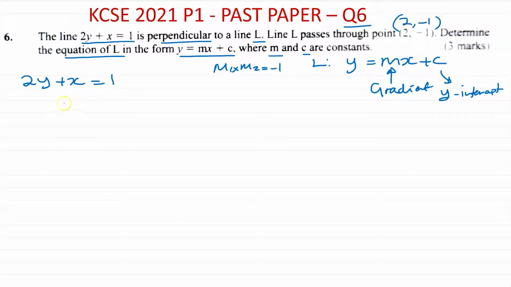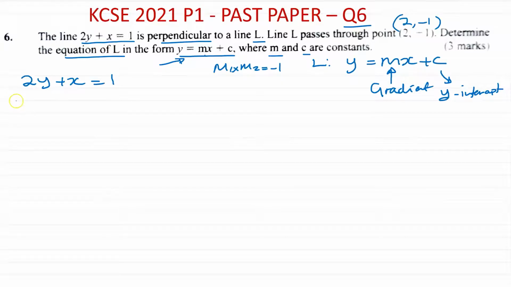Why don't we write it in the form y equals mx plus c? Because then we know what m is, and we know the gradient for that line. We don't need the y-intercept for this line because they're not going to have the same y-intercept, but we can use the gradient because we know the gradients are negative reciprocals of one another.